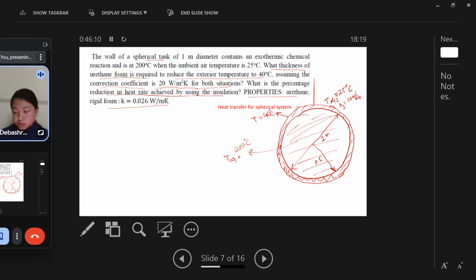Then properties are given. So for spherical, what we have seen is, first how to proceed with this. This is a surface temperature.